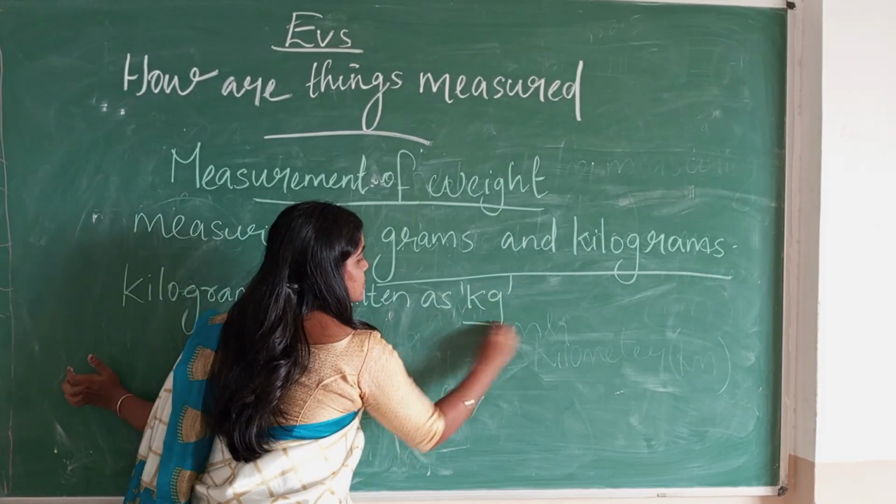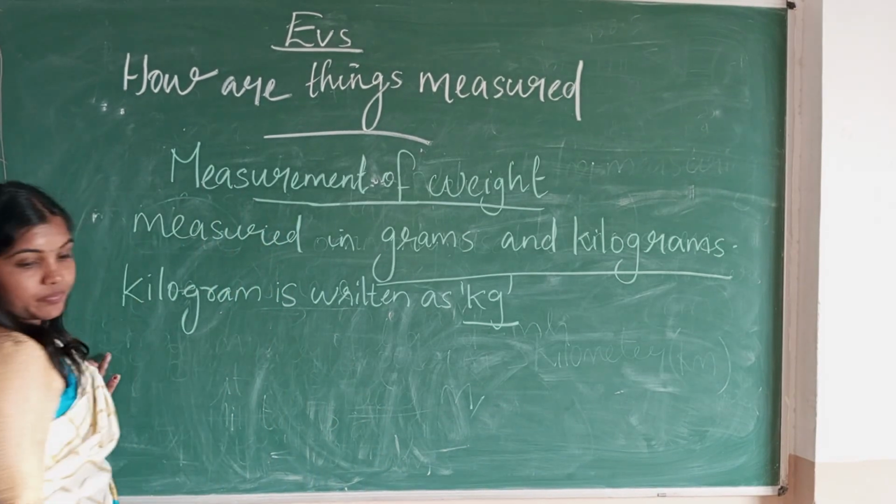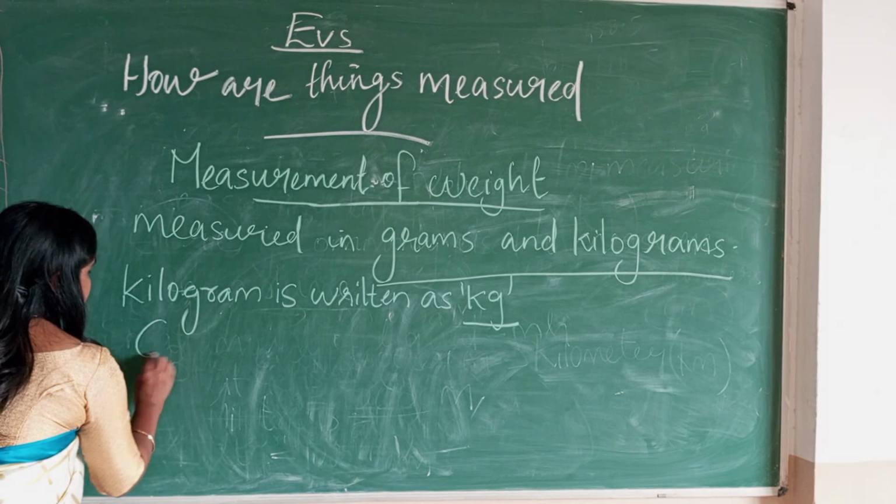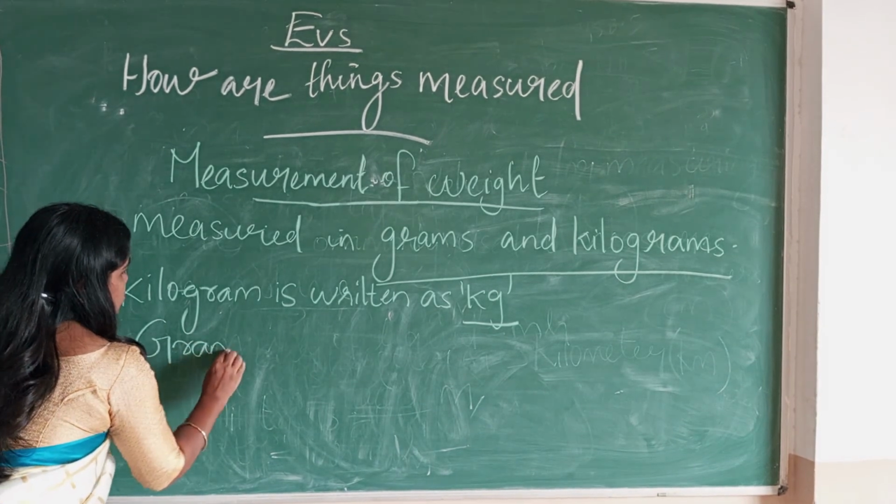Kilogram is written as kg. Gram is written as g. Very good.